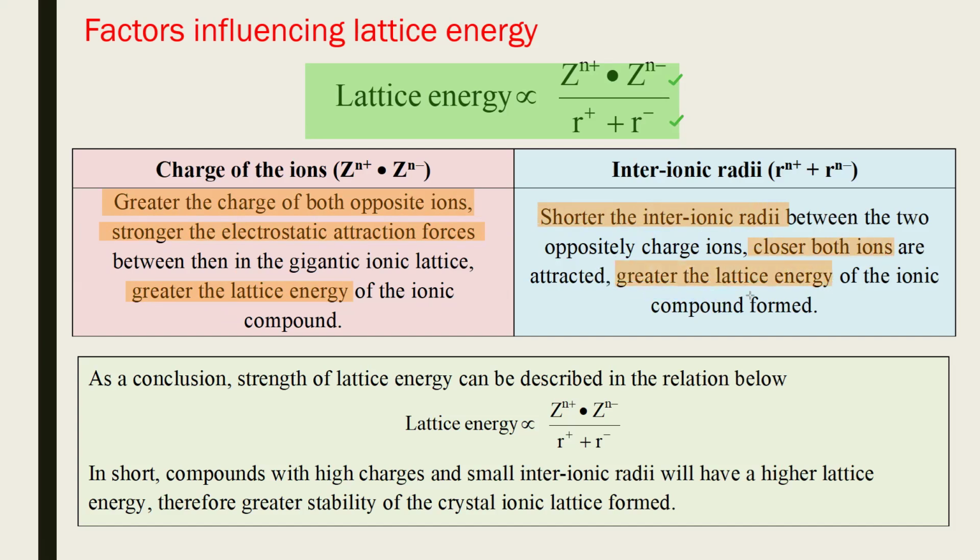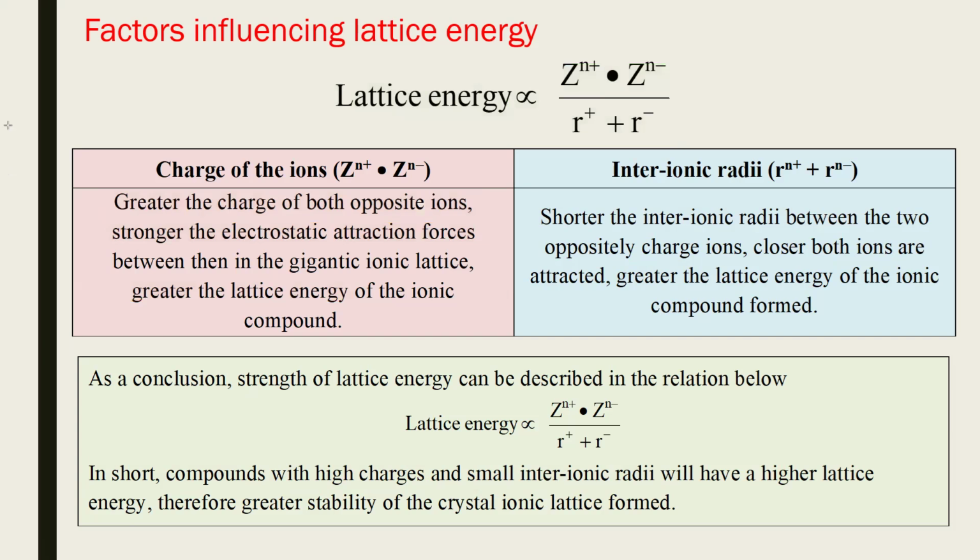In short, if we want a compound with high lattice energy, it must have a high charge and small interionic radii. All right, so these are the factors that influence lattice energy.